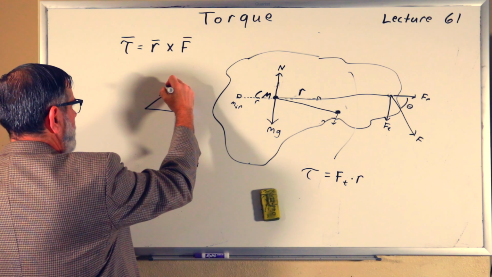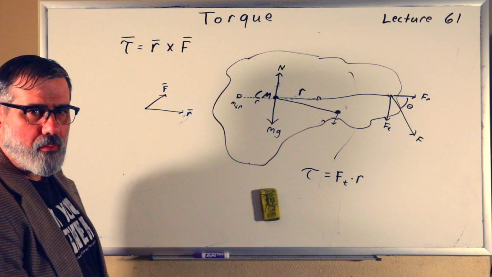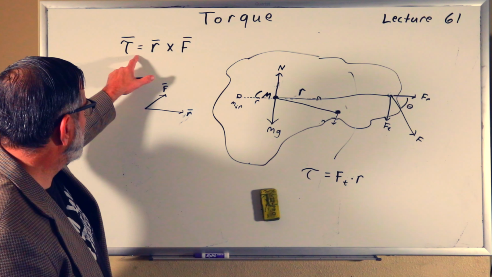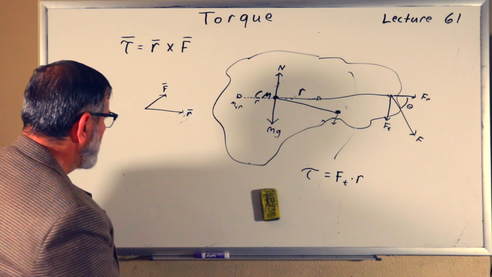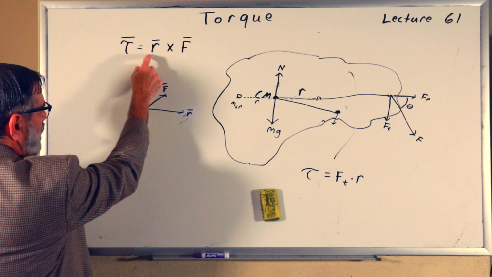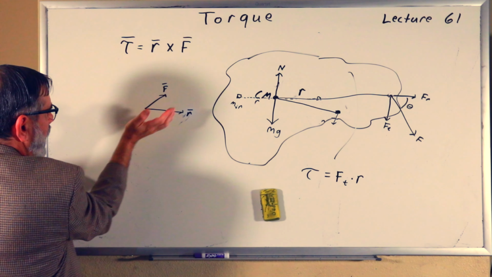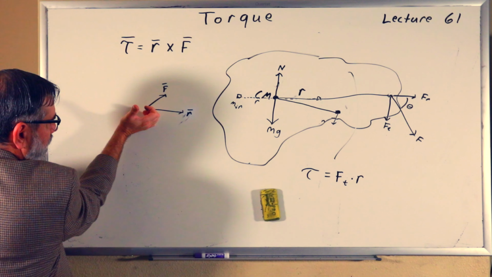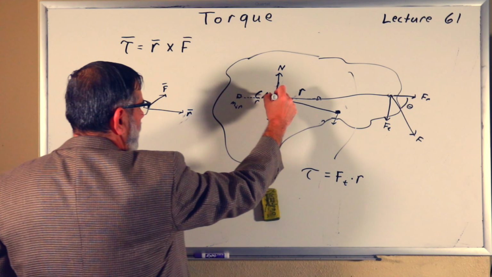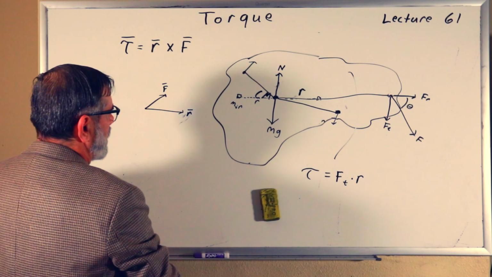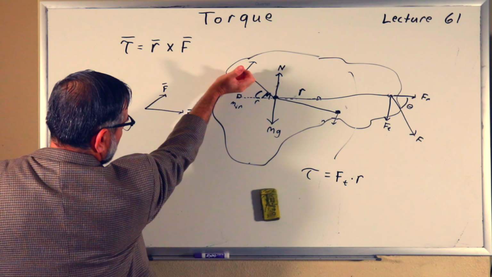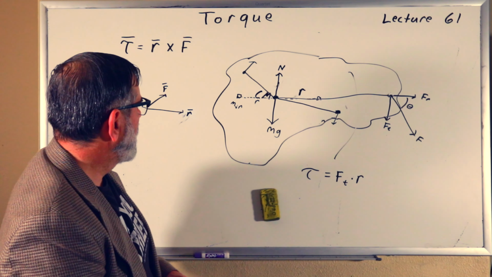This is R, let's say, and this is F. The way I figure out what the direction of this is, because it'll be perpendicular to both the direction of R and the direction of F, is I take my hand and I curl R into F, and whichever way my thumb is pointed, that's the direction. If I apply a force over here, let's say, here's R, here's F, I curl it in, and I get a torque which is coming out.